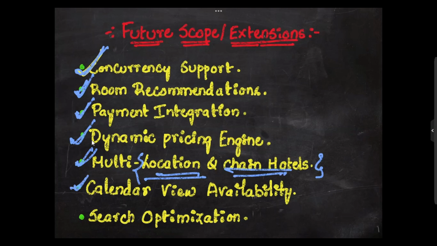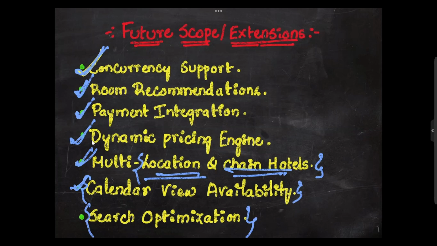Next, let's go with the calendar view for availability. We have to visualize the room availability via calendars for improved UX, right? So this one also we have to keep in mind. The final one is search optimization. We are making use of the search here.